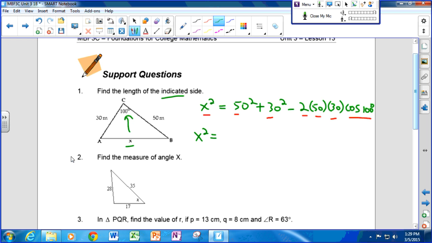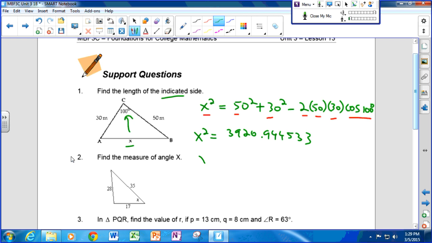I'm just going to plug all that in. So 50 squared plus 30 squared minus 2 times 50 times 30 times the cosine of 100. Boom, there we go. And I get something like 3920.94453.